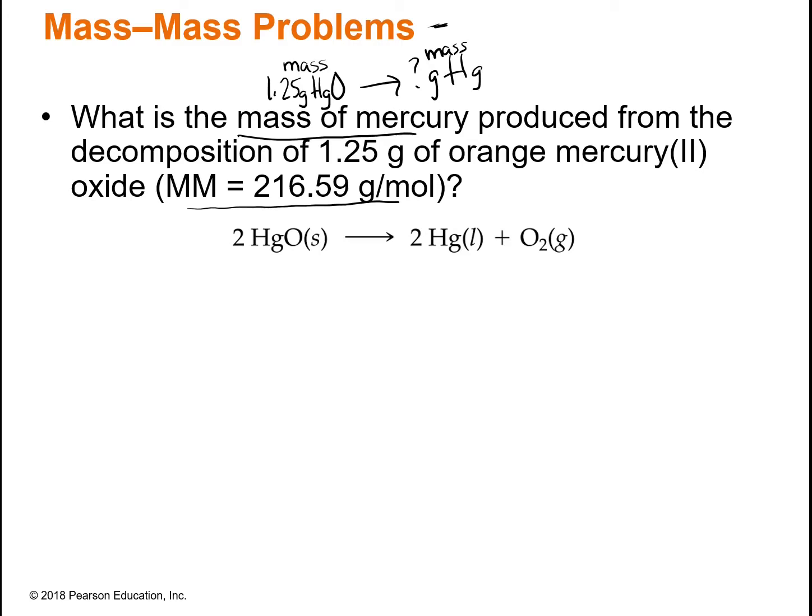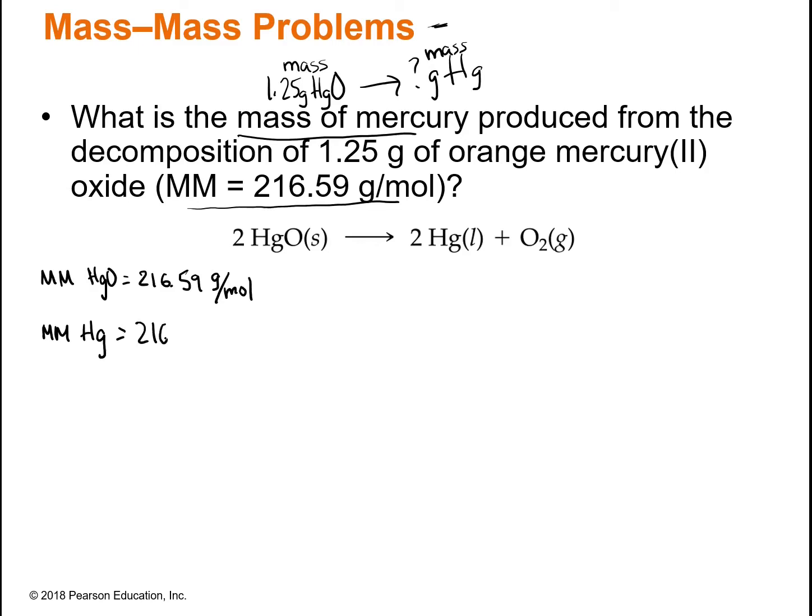Now that we know that, we know we're going to need molar masses for each of these. The molar mass for mercury 2 oxide has already been given. That will not always be the case. The molar mass of mercury, you simply have to look at the periodic table.